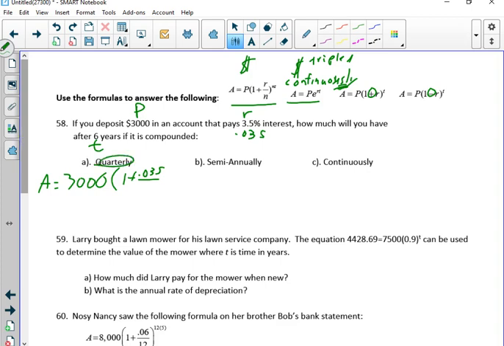That's quarterly, so that's 4 times. And then n times t, 4 times 6.